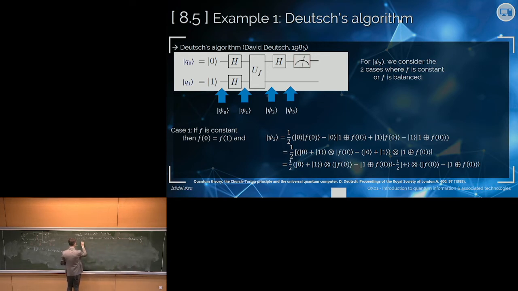So if I do that, I get 1/2 of f0 factor 0 plus 1, and then I have the other one, which is minus 1 plus f0 factor 0 plus 1.